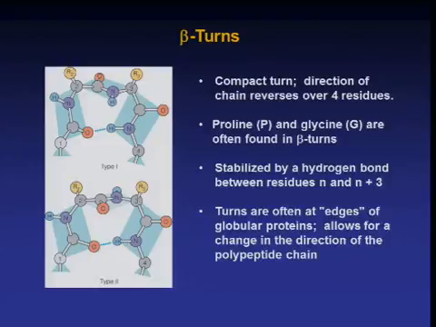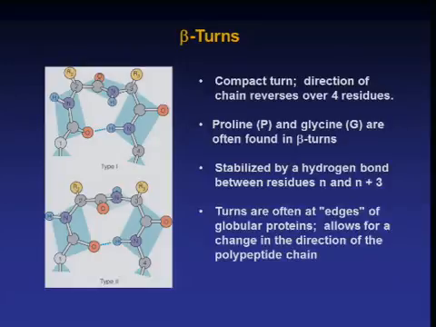Random coil can allow for these flexible turns, but when you want to make a real sharp turn, you have a beta turn, which is a secondary structural unit because it involves localized amino acids, right? In this case, you've got 4 amino acids, and over the course of those 4 residues, you can get a 180-degree turn.